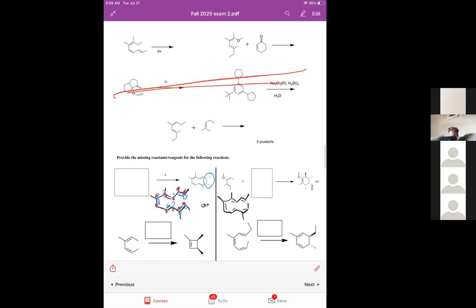If I rotated these two towards each other, that pushes these both in the same direction. They both go upward. So that means this would give me the syn product. If I did the same thing over here, I can just draw in those orbitals. One of these would go up, the other one would get pushed down. This will give me the anti product.